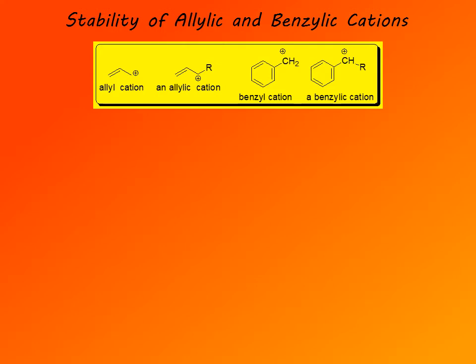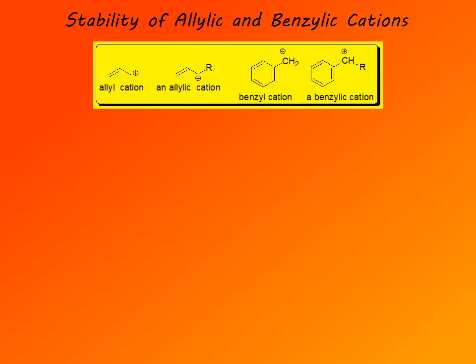And conversely, benzyl cation is a specific cation with a formula of C7H7+, and benzylic cation has substituent on benzylic carbon. That means that allylic cation could be primary, secondary, or tertiary, depending on degree of substitution, and the same for benzylic cation. Benzylic cation could also be primary, secondary, or tertiary.